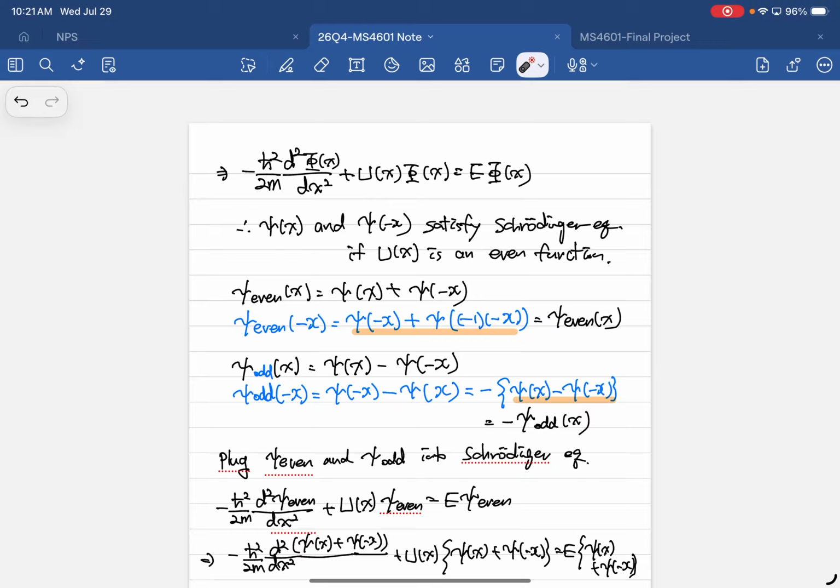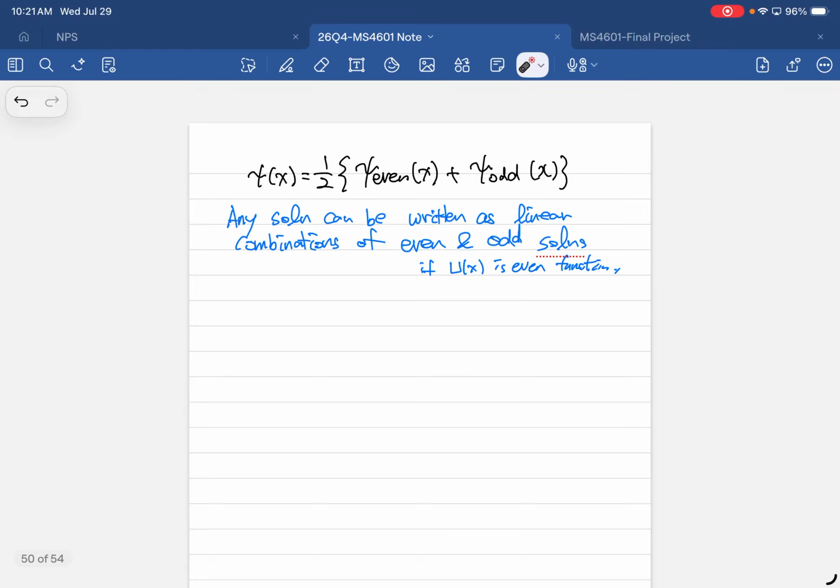We sum up the even function and odd function, then psi of negative x cancels out, and we have 2 psi of x. So psi of x is essentially one half of psi even plus psi odd. So what that means is that any solution can be written as a linear combination of even and odd solutions if the potential is an even function.